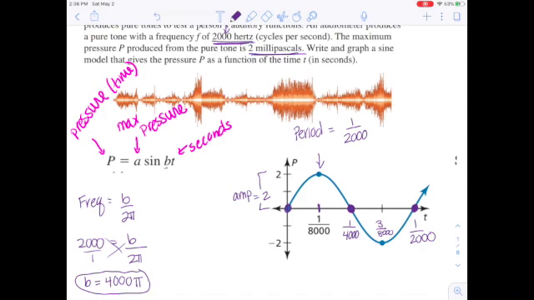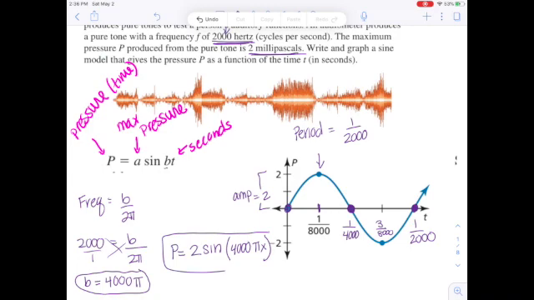And that's enough information for us to write our equation. You've got P is equal to our amplitude 2 times sine of 4000 pi t. All right.